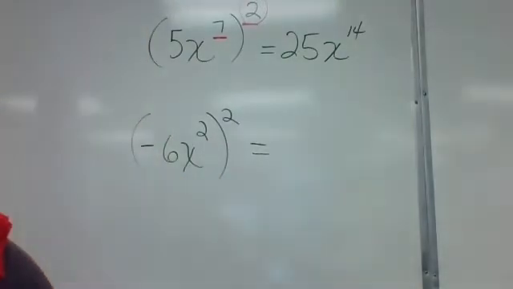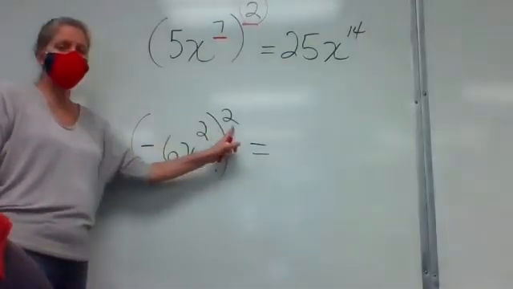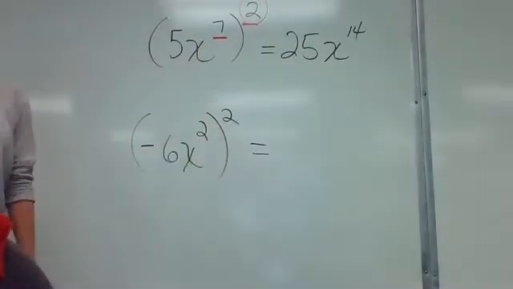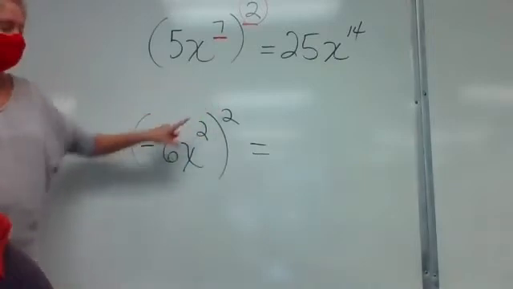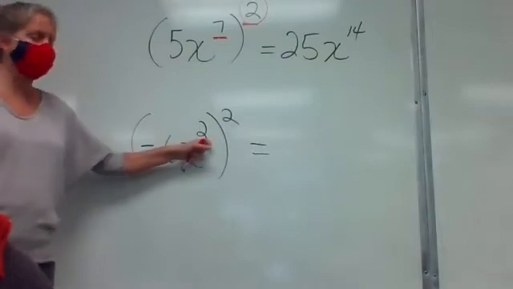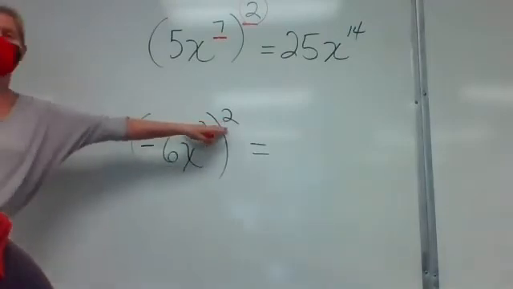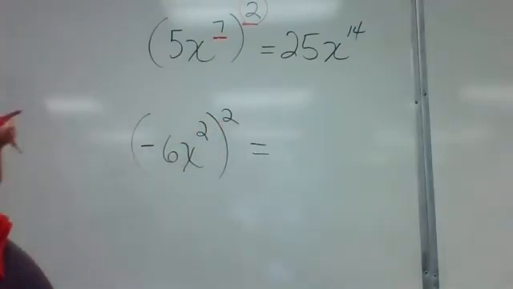And the last part of number 1, again, this parentheses means everything inside here is being raised to the 2nd power. -6 is being raised to the 2nd power, and x to the 2nd power is being raised again to the 2nd power. So if you do -6 in your calculator to the 2nd power, you need to make sure you put parentheses around it.